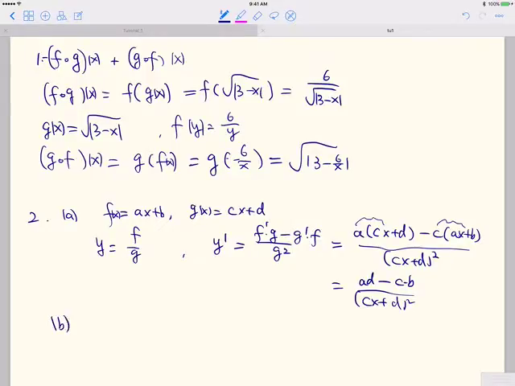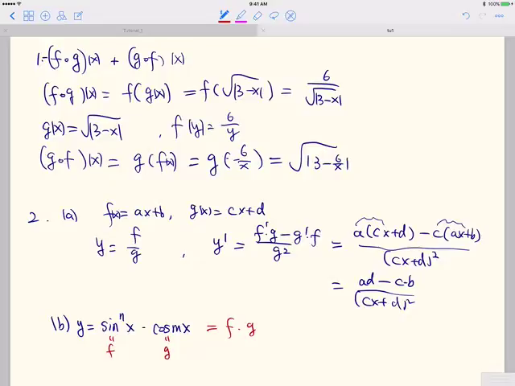Okay, for question B, y equals sine to the power of n of x times cosine of mx. The framework of this function is a product of two different functions, right? If we regard this as f and this as g, this will be f times g.